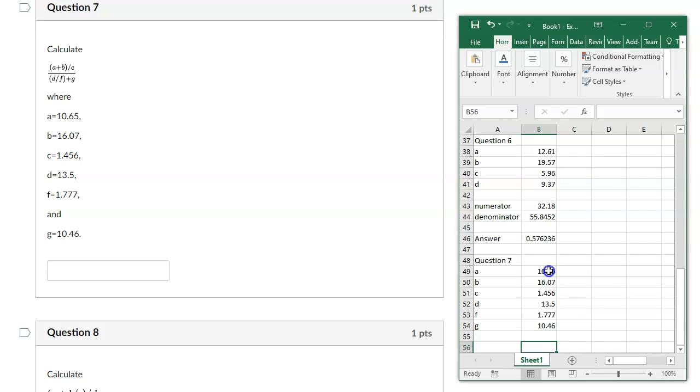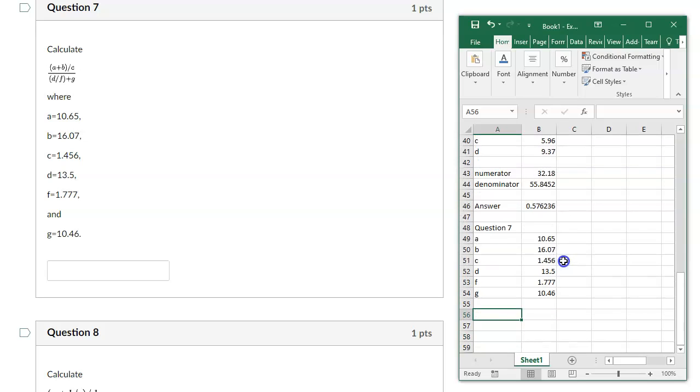Now, this is a complex numerator, complex denominator. It's a really good idea on this one to do this as separate pieces. And so I'm going to do the numerator first, which is going to be A plus B in parentheses divided by C. And then this denominator, which is going to be D divided by F. And I don't need parentheses there because division takes precedence over addition.